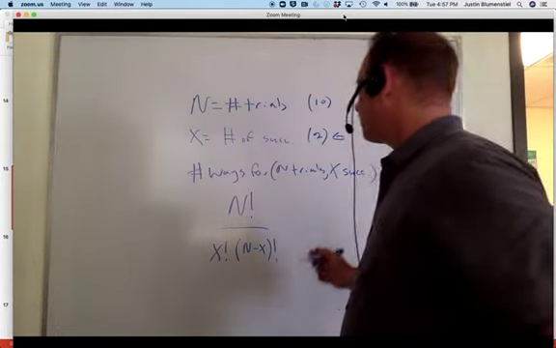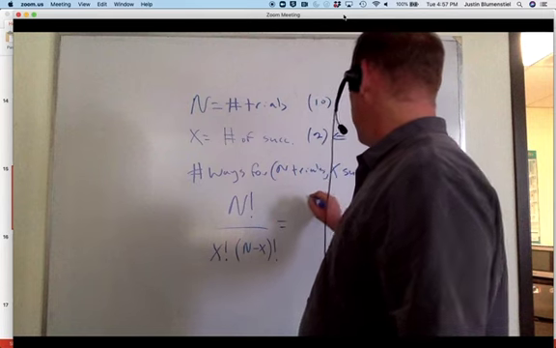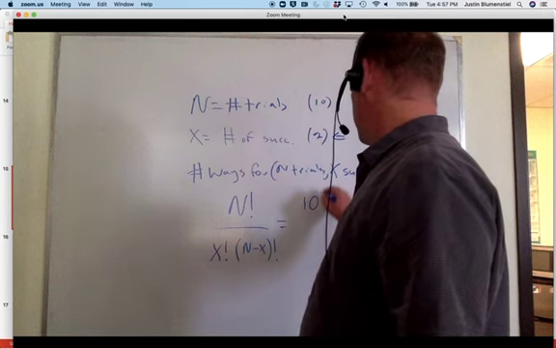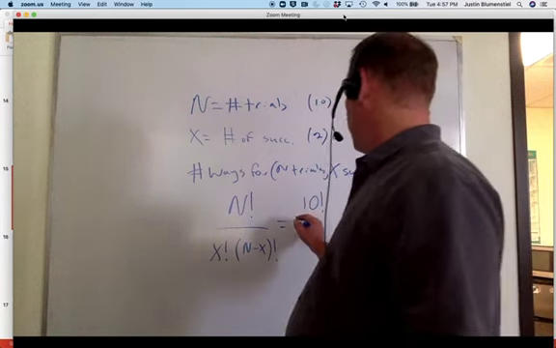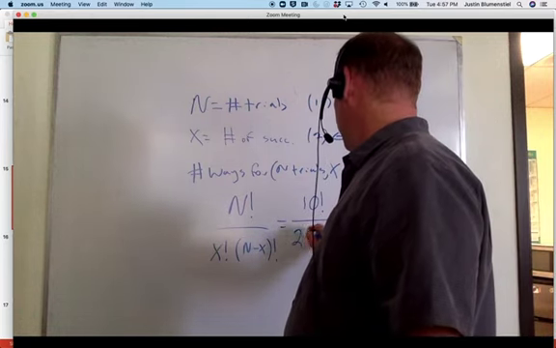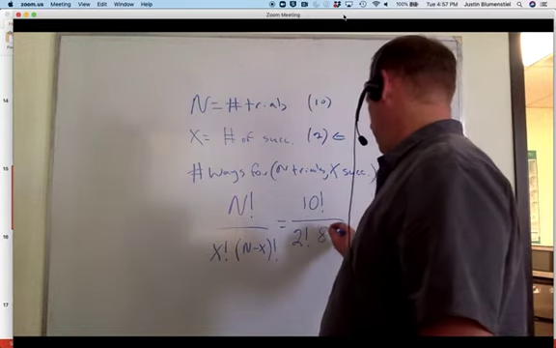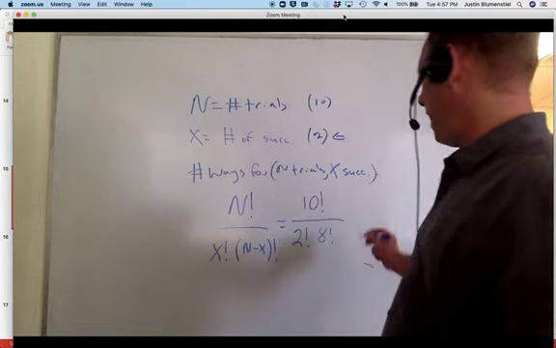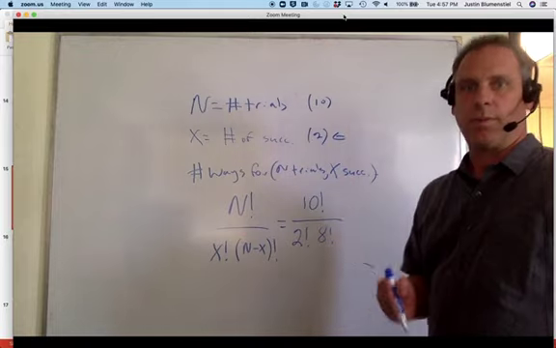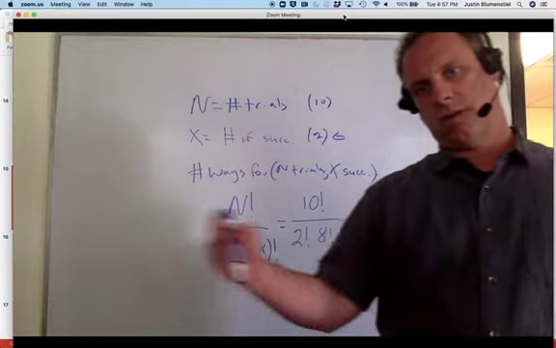So what is n? Well, n is equal to 10. So it's 10 factorial up on top, and 2 factorial down below, and 8 factorial, 10 minus 2. Now that looks like a bit of a bear. I just want to remind you, a factorial is that number multiplied by one lower times one lower, and so on.